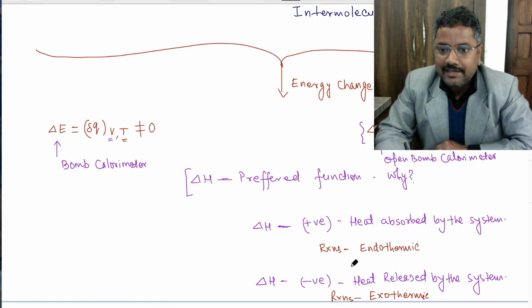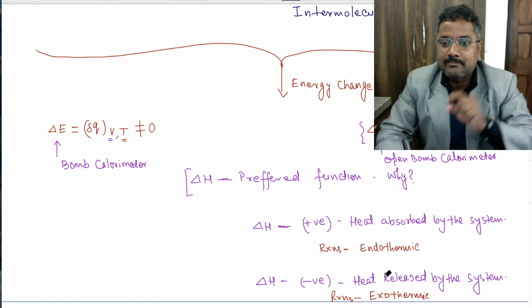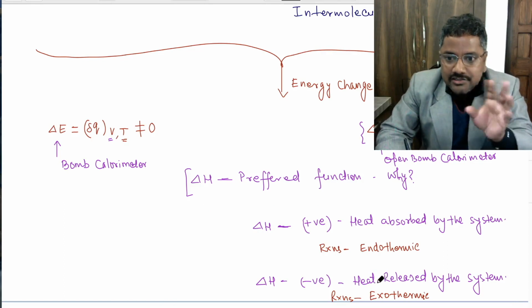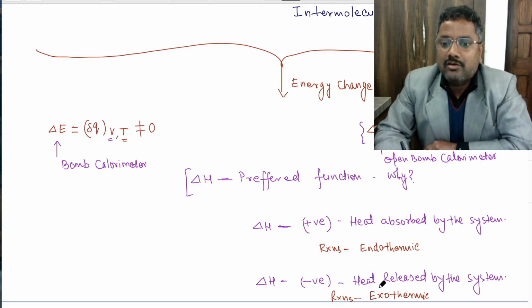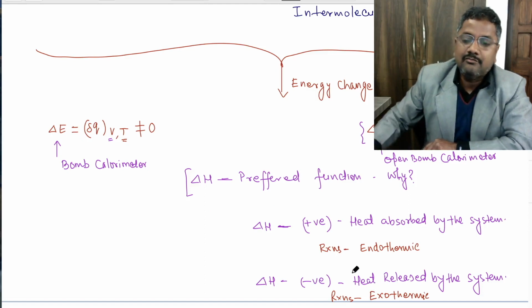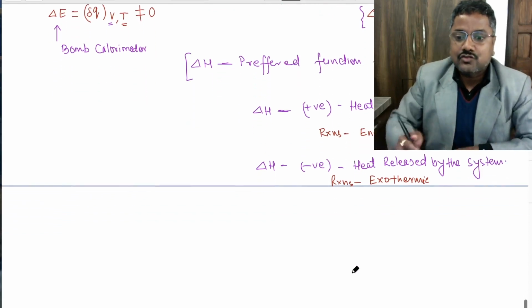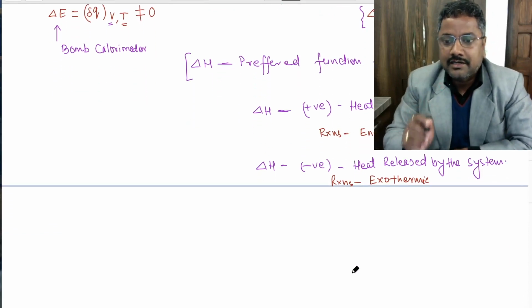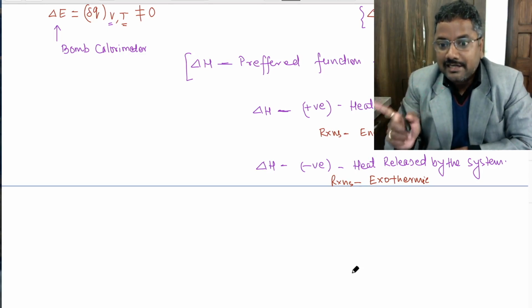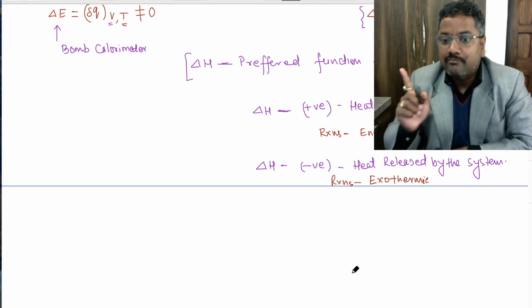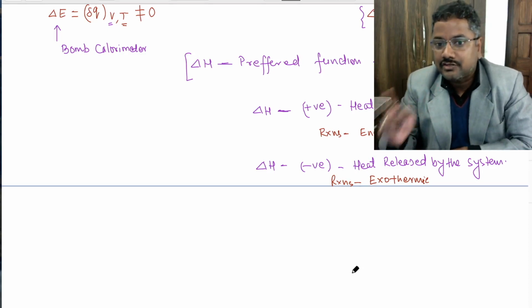So delta H for any chemical reaction is the measure of the energy change with respect to the chemical bonds. So we can clearly mention that the main source of energy change in chemical reactions at constant temperature is bond association and dissociation.